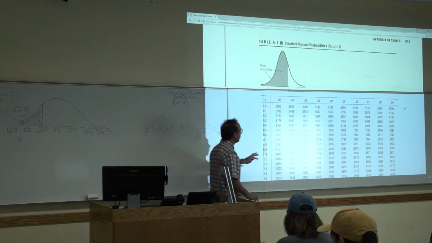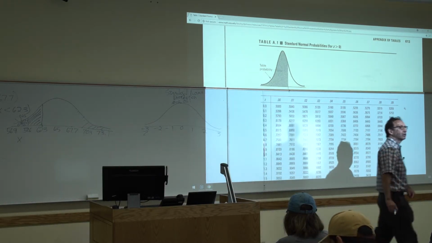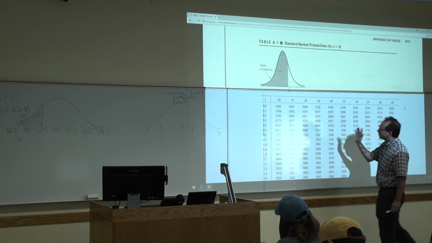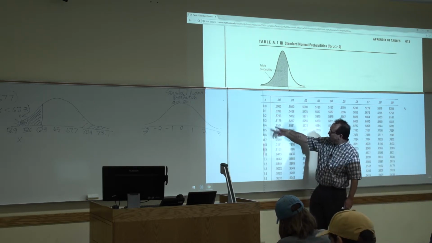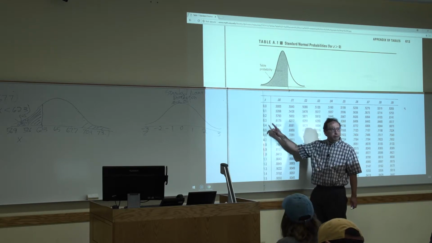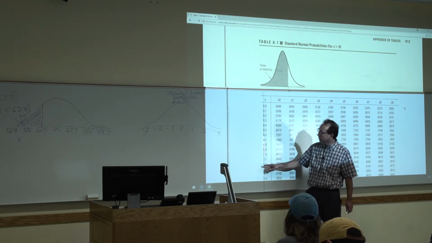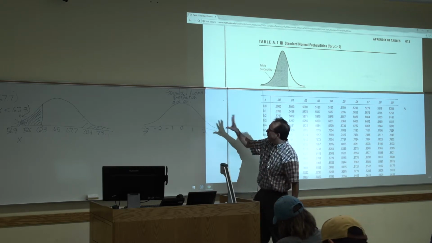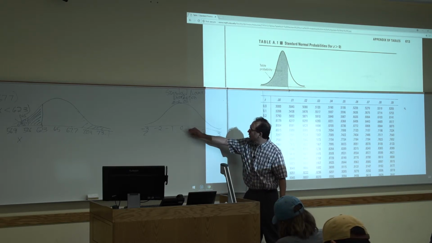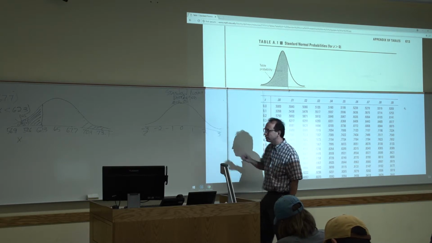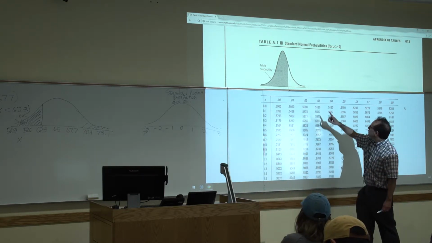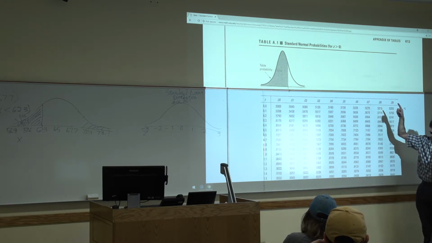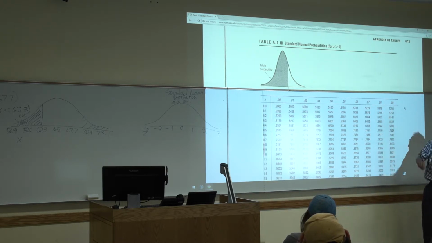And what this table gives us is the area underneath this standard normal curve to the left of some positive z value. So here are our z values along here. This table gives us the area underneath this curve to the left of our positive z values. Now along the top here is the second decimal place for our z-scores.